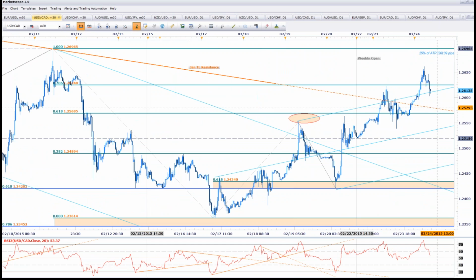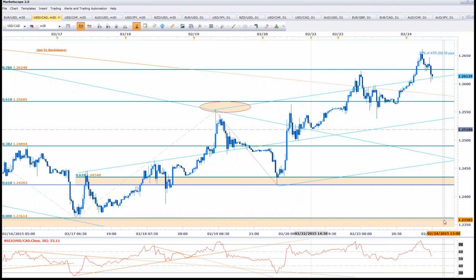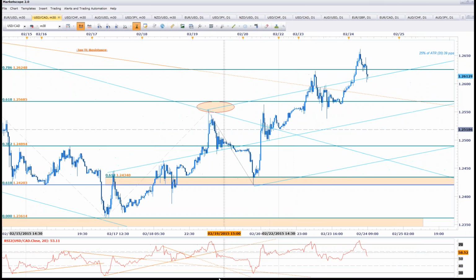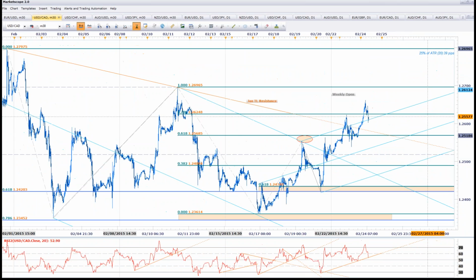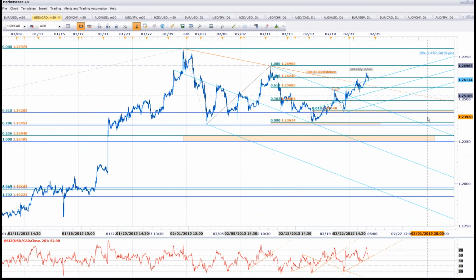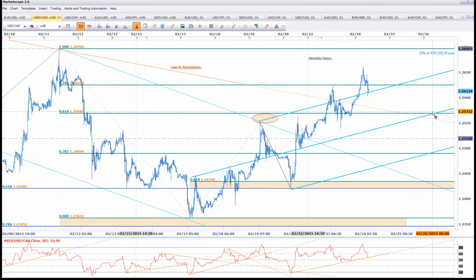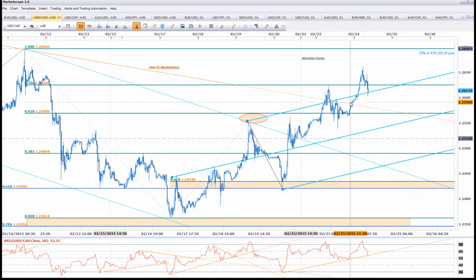Let's look at the 30-minute real quick. Okay, where I would be looking to possibly start attacking the longs, I'm not really going to stress this formation here, guys, right now.